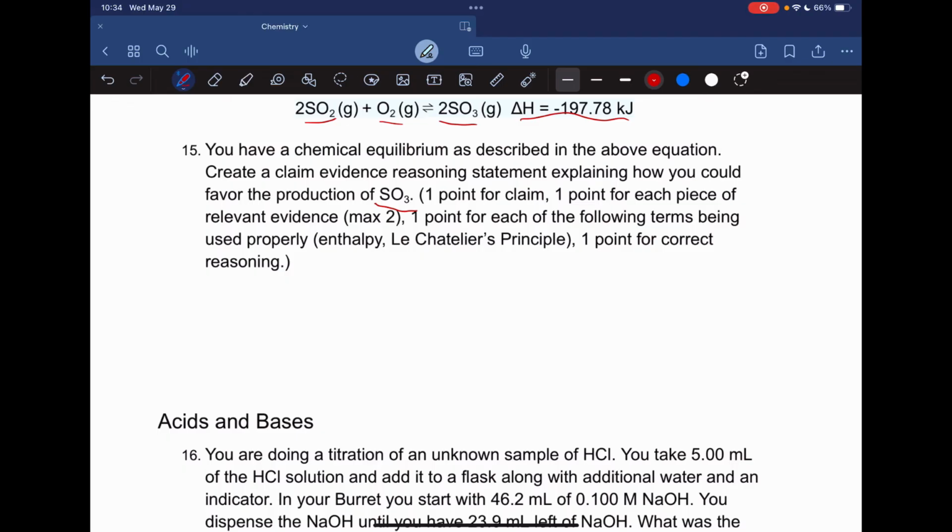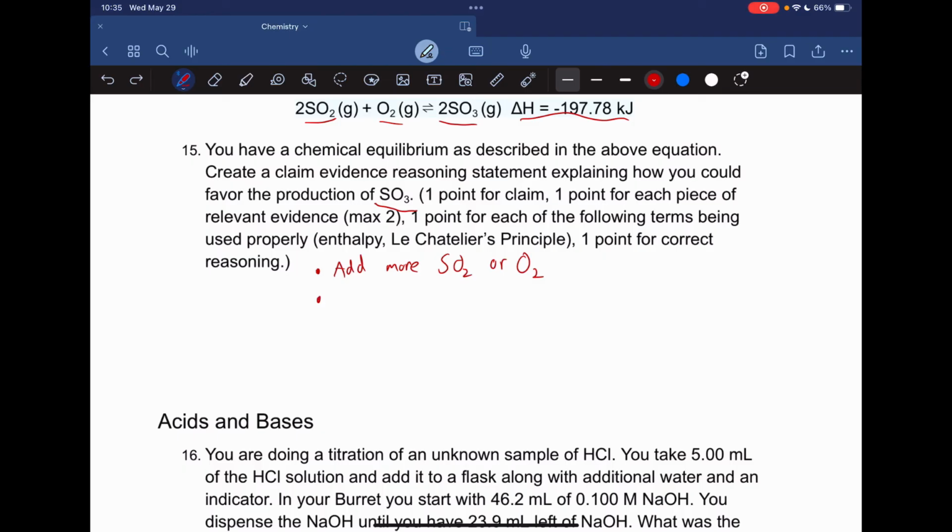So we're going to try to talk about how would we change the conditions to favor sulfur trioxide. There's a few ways to do this. One way of favoring the forward direction would be to, so I'm going to bullet point this, add more sulfur dioxide or oxygen. By adding more reagents or reactants, it's going to favor the forward direction of this.